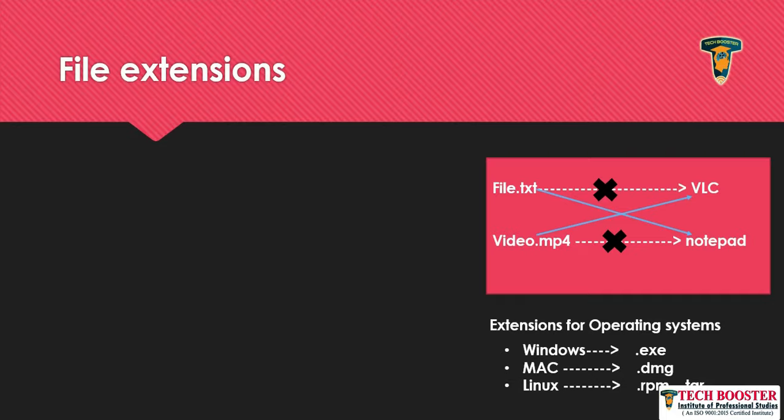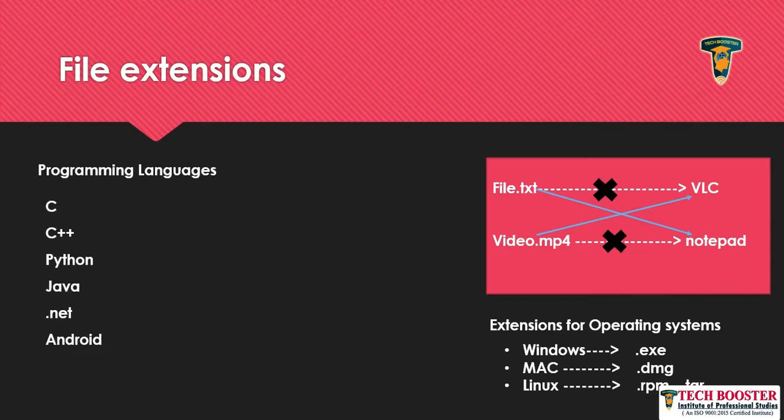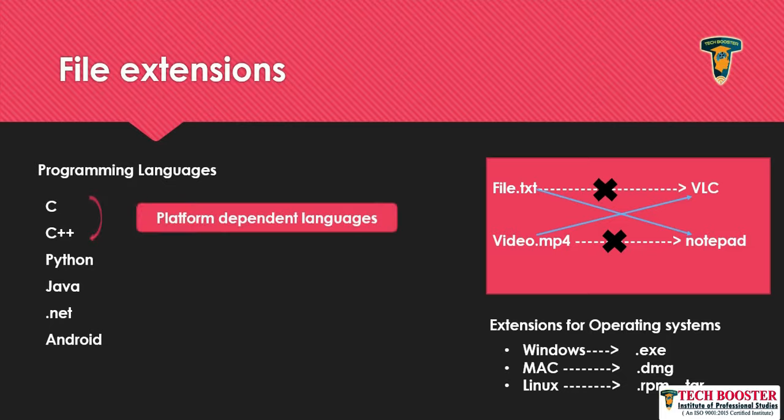Now let's move forward and know a little more about our programming languages. Here I have considered a few programming languages like C, C++, Java, Python, .NET, Android. C and C++ are platform dependent languages, and here platform means your operating system.